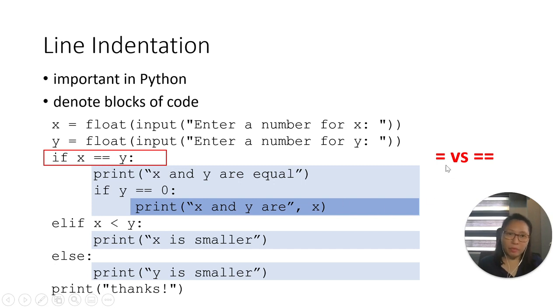Always remember and be careful with the difference between the 1 equal sign versus the 2 equal signs. 1 equal sign means the assignment operator, wherein we assign the value on the right hand side to the variable on the left hand side, compared to the 2 equal signs, which means we are comparing the value on the left hand side with the value on the right hand side.